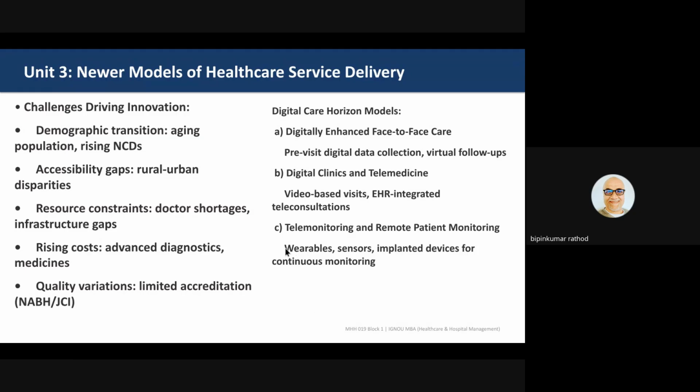Let me give you an example. If you see on the right side, line C, telemonitoring and remote patient monitoring.